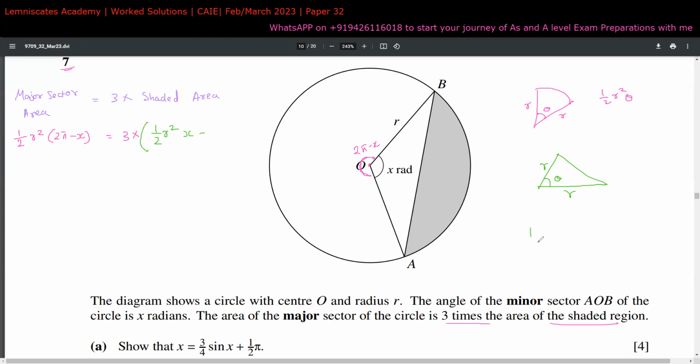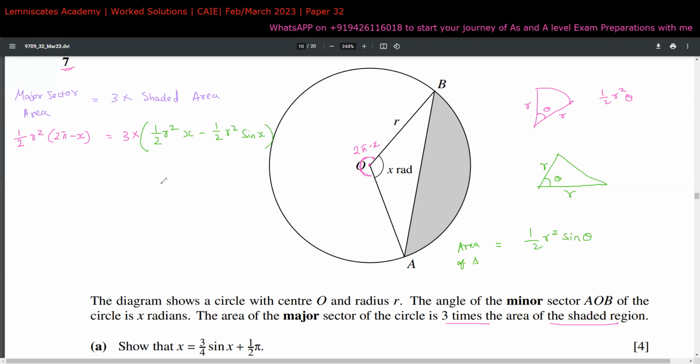This kind of triangle always has an area of half the product of the adjacent sides times the sine of the angle shared by the adjacent sides. So if you use this over here, it becomes half r square sine x.